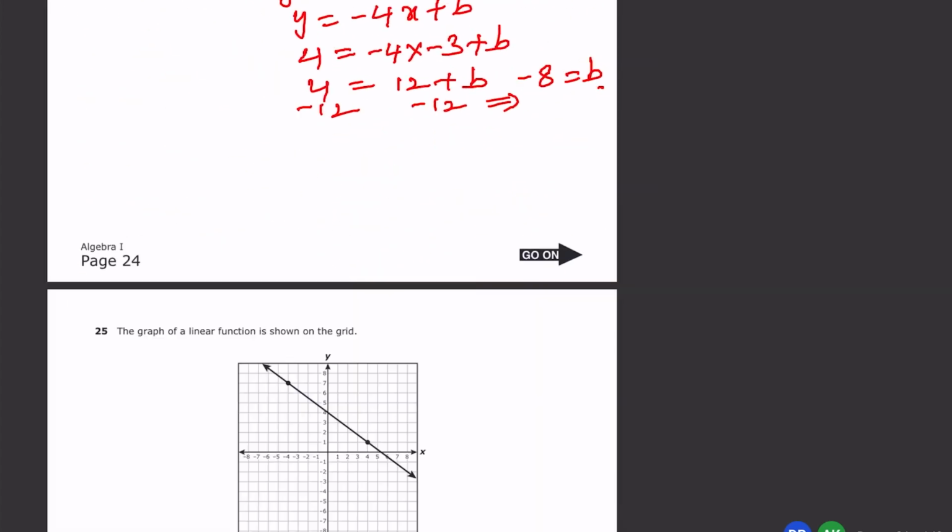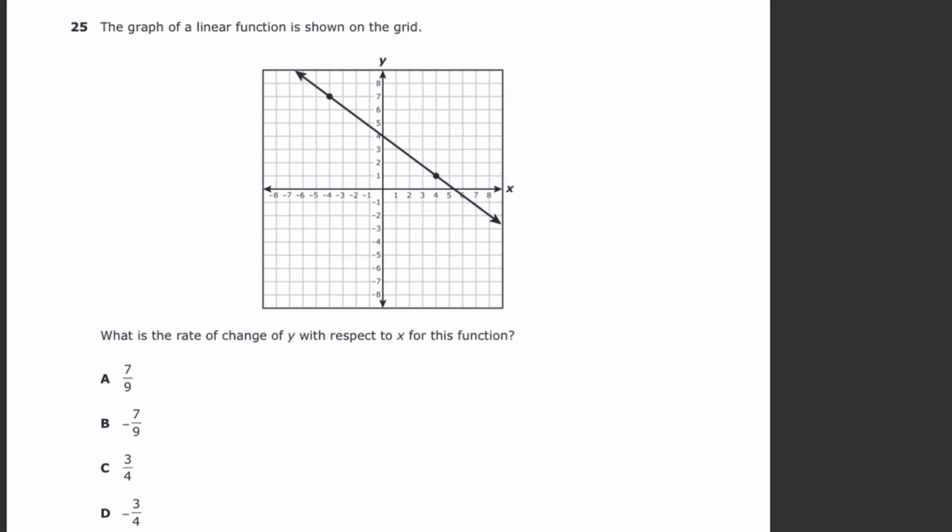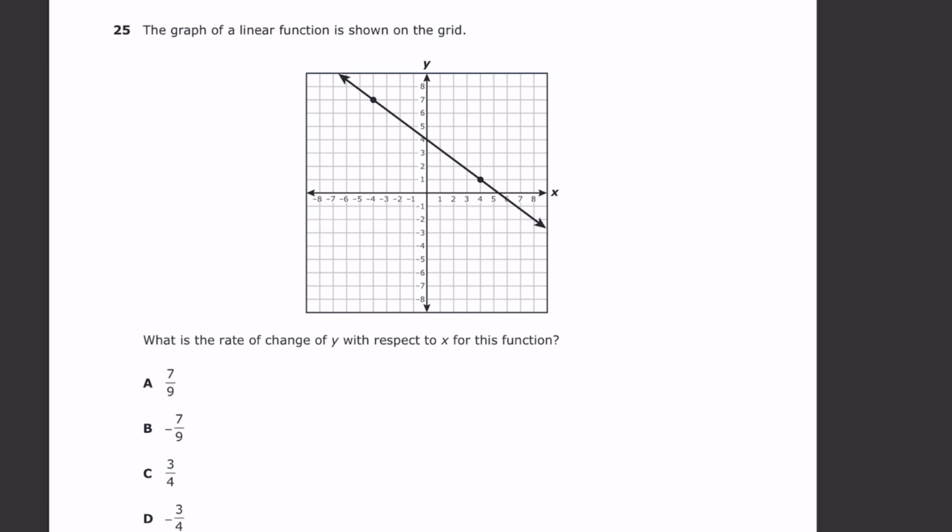Next, going into the 25th one. The graph of a linear function is shown on the grid. What is the rate of change of y with respect to x for this function? Here the rate of change is nothing but the slope. So you can take these two points on this graph whichever are given. The points are 4, 1 and minus 4, 7.